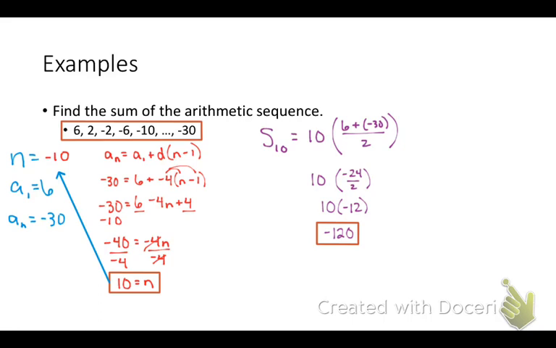We used the previous day's formula, the series formula, to figure out how many total terms. So if you're given the first term and the last term, you're always going to want to use the last term, because that's where you end. So that's going to be your nth term.